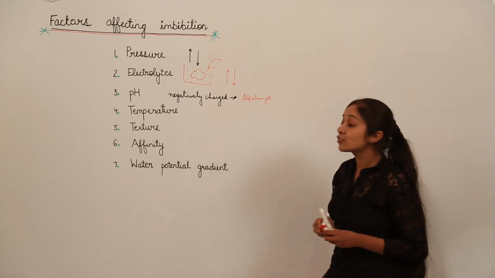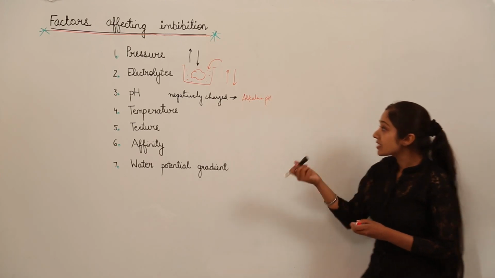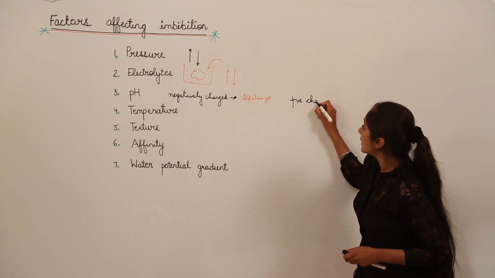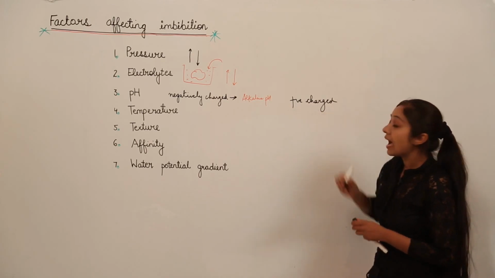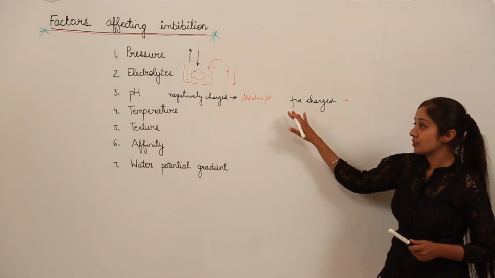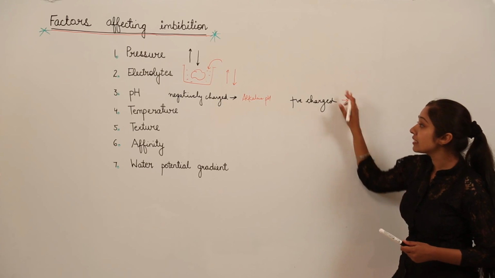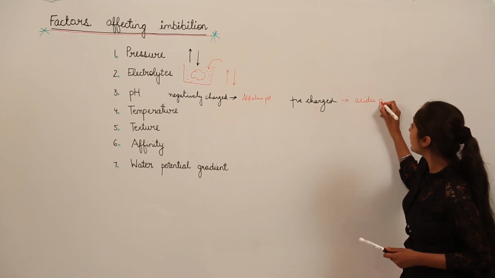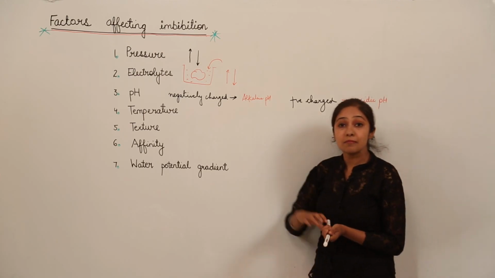But if we have a hydrophilic colloid which is positively charged, then it is going to effectively work at acidic pH. So a positively charged hydrocolloid is going to effectively work at acidic pH. So this is how pH influences the rate of imbibition.